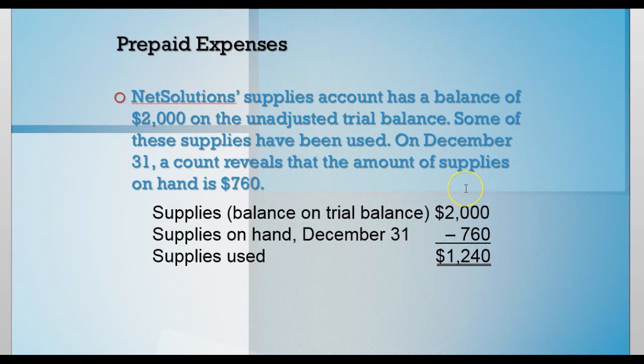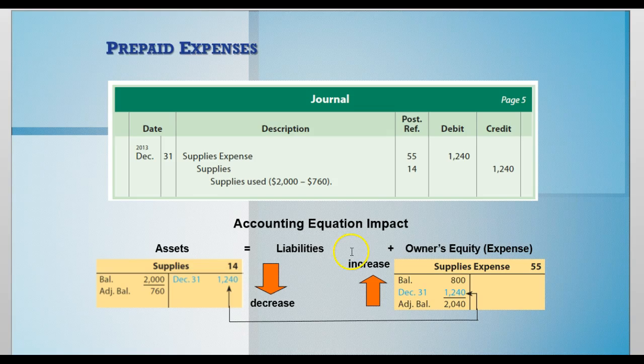Okay, first of all, they looked at their supplies on hand, and they found out they only have $760 worth of supplies, which means they've used $1,240 worth. That needs to be adjusted. So if we go to the next slide, you will find this is how we adjust it.